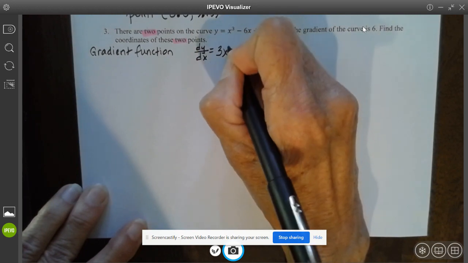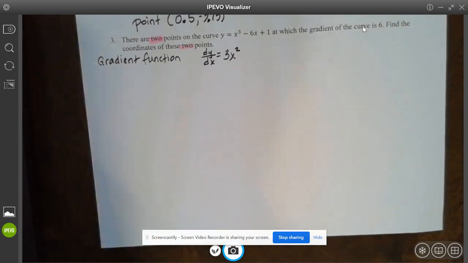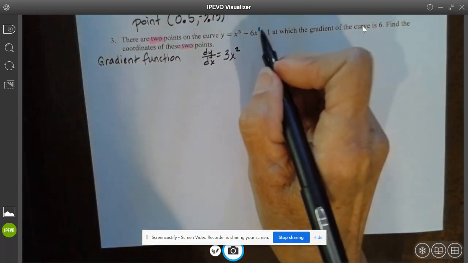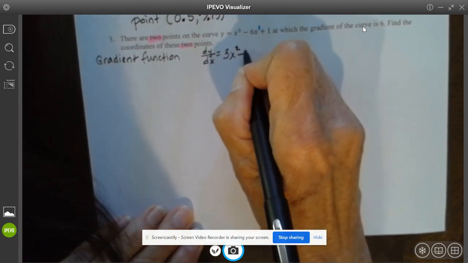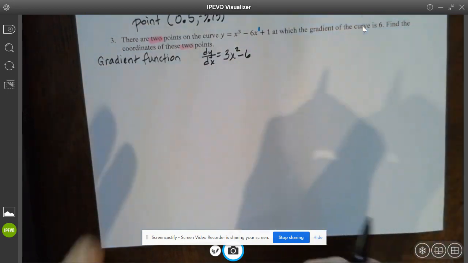The exponent is 3 minus 1 is 2. Minus 6, remember there is 1 really up there. Negative 6 times 1 is negative 6. 1 minus 1 is 0. And again, the constant just goes to 0.